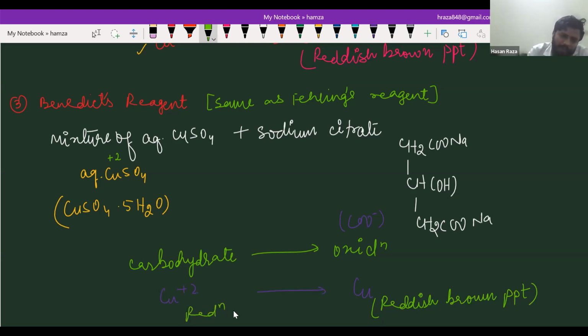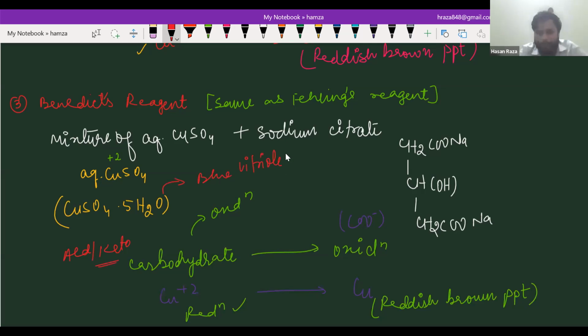So there is reduction of Cu+2 and oxidation of the carbohydrate. You know that carbohydrates contain either an aldehyde group or a ketone. This is called blue vitriol. So this is also a test. Please write it, and you will see the mechanism in aldehydes and ketones.